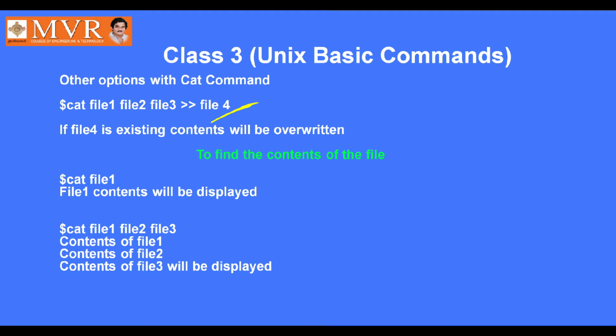You need to keep that in mind. Okay, good. If file4 doesn't exist, it will be created automatically, and the new information will be stored in file4. If it already exists, the old contents will be removed or erased.